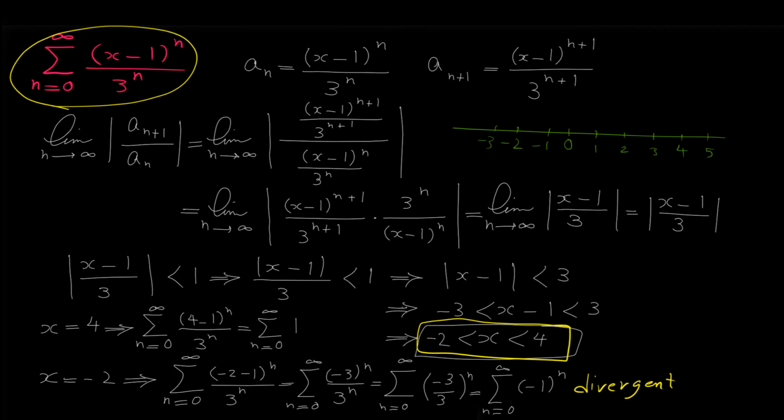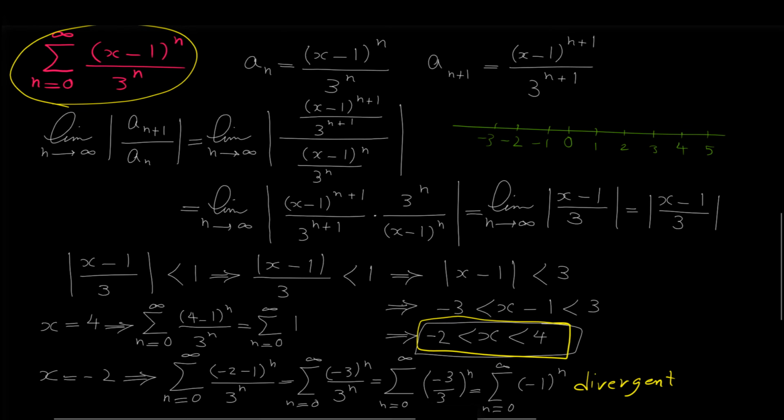this power series is convergent from -2 to 4, and it is divergent outside of this open interval. And note that the center of this power series is at 1.